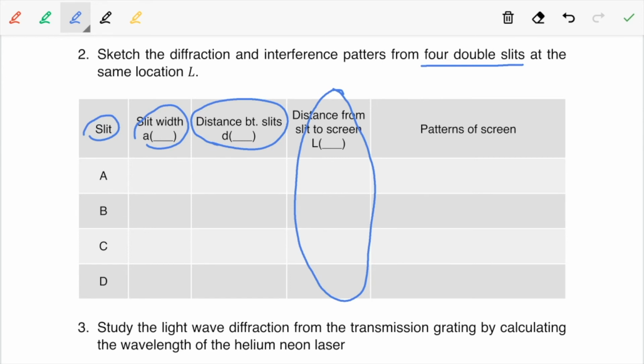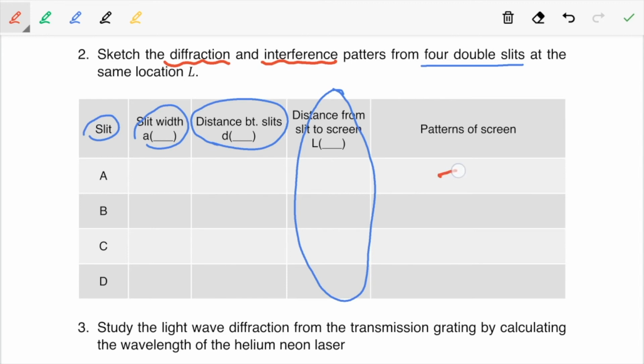Okay, draw the patterns on the screen down to here. One is the diffraction pattern, one is the interference pattern. What we said, you need to draw.